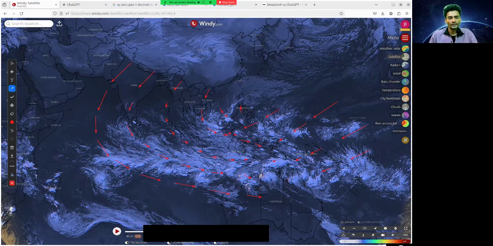Now, what is the extent of this system? It is not limited to what we are seeing here only. In fact, if we look at the entire globe, we will see an interesting picture.